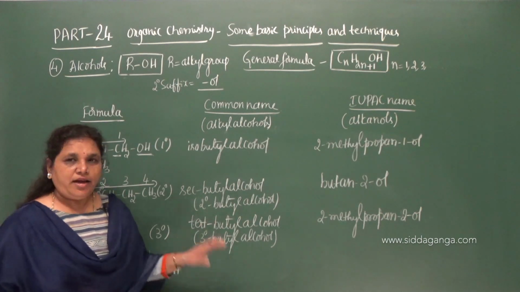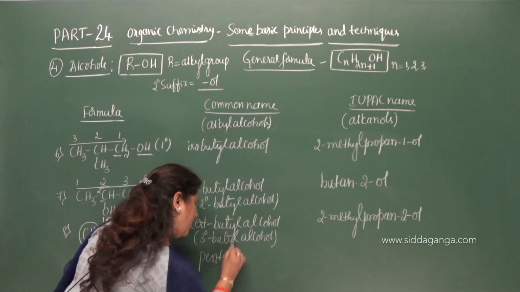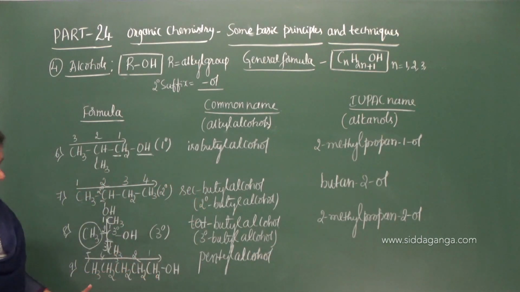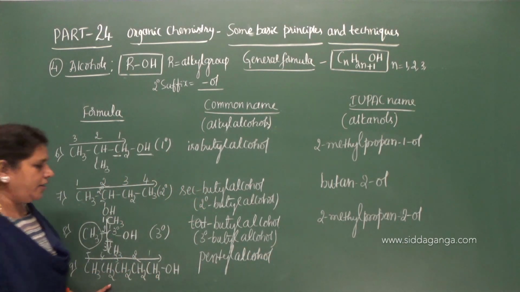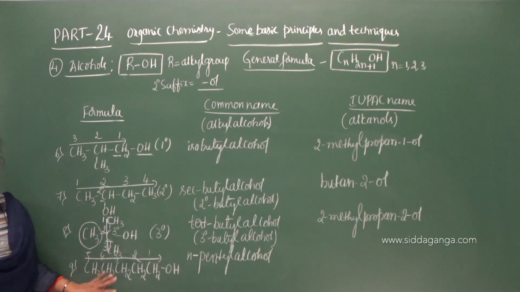So pentyl alcohol we can name. Why is it pentyl alcohol? Because there are 5 carbon atoms in the alkyl group and the carbon chain is straight, therefore it is N-pentyl alcohol.